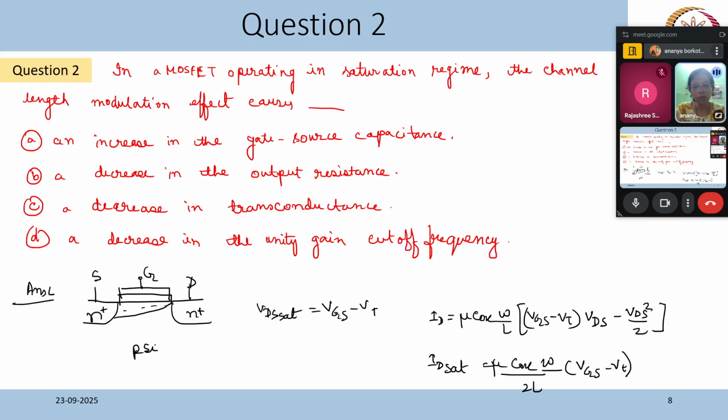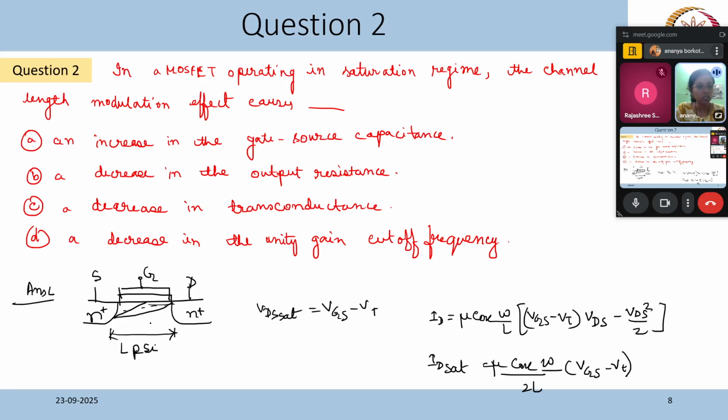What happens when we apply more VDS than this VDS sat? I told that our channel becomes like this, and this current still flows because of the high electric field in this region. But what is happening to our channel length? This was our channel length L initially.